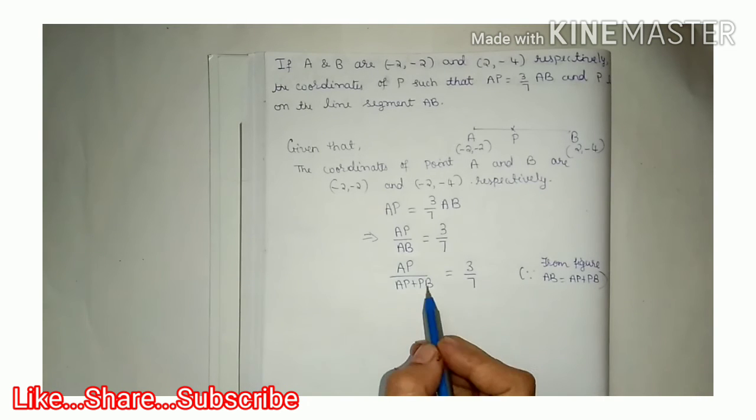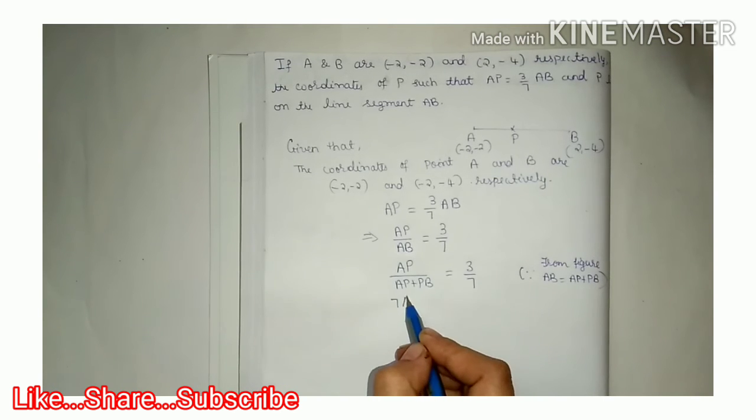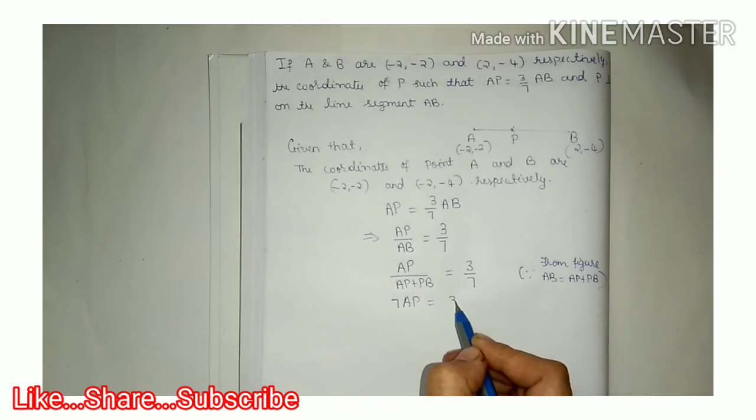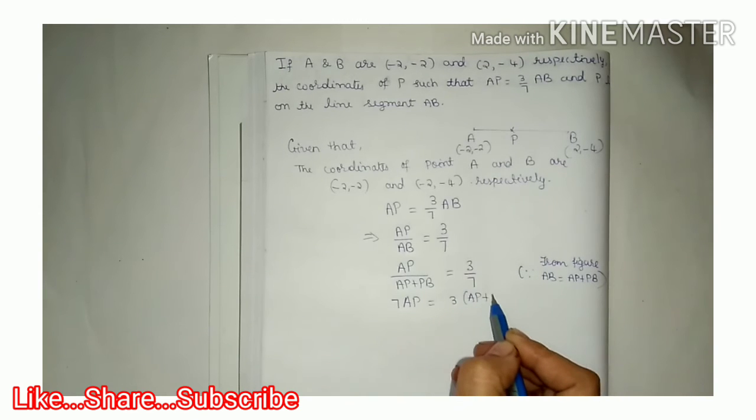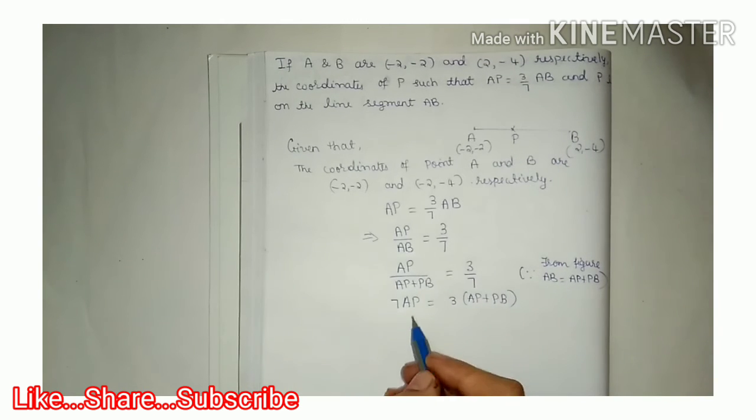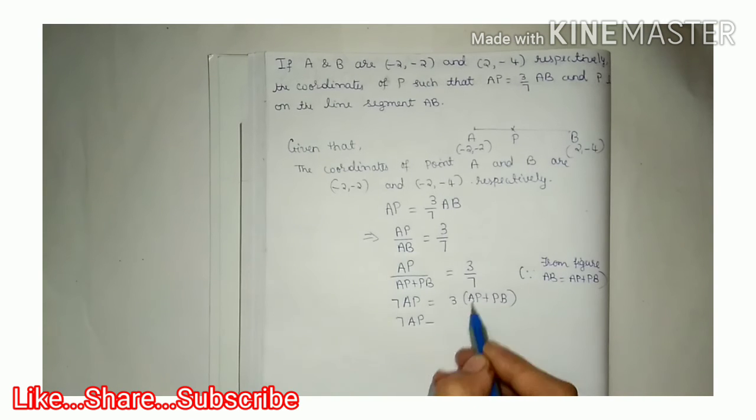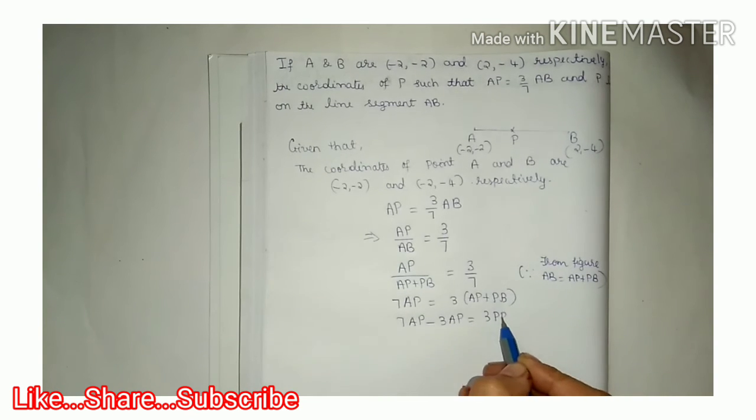Here cross multiply, 7 AP is equal to 3 (AP + PB). Here 7 AP minus 3 AP is equal to 3 PB.